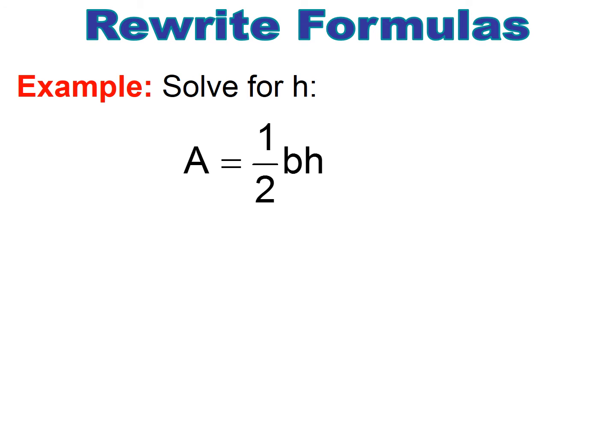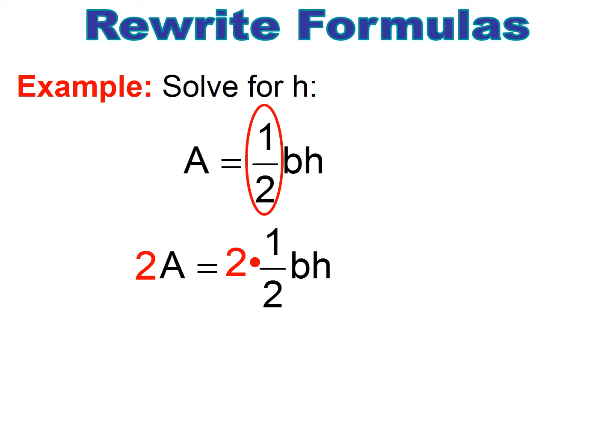Now this is an example where I have a fraction and a variable attached to the variable I want to solve for. I'm trying to get h here by itself. Well, whenever you have a fraction, that's the first movement you want to make. And again, this is 1/2. The inverse would be 2 over 1, which is simply 2.